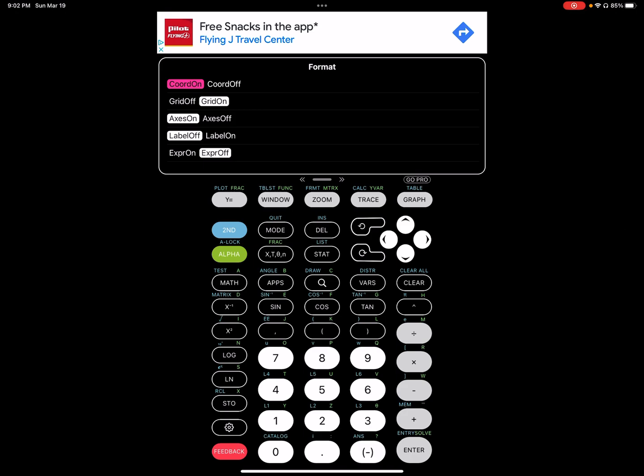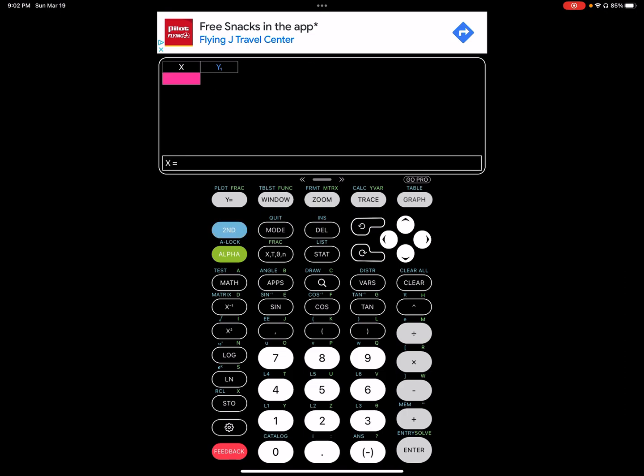and if you can tell it to actually ask, we can do a format. So do second zoom. Nope. Do second window and independent.